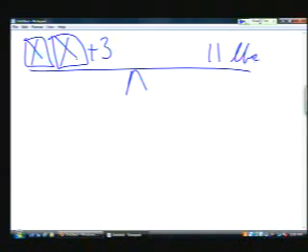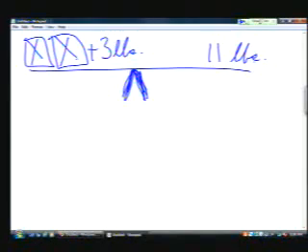So if you think of an equation as a balance, we have 2 unknown quantities plus 3 pounds, and let's say it balances perfectly with 11 pounds. The whole idea, when you do things to an equation, you have to do whatever you're going to do so that it balances.